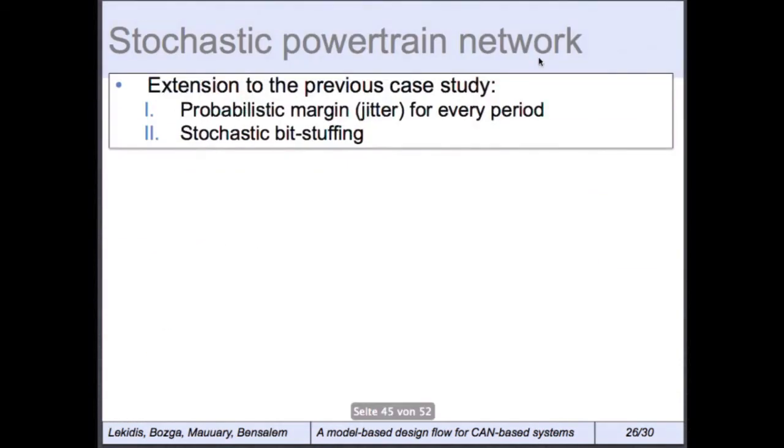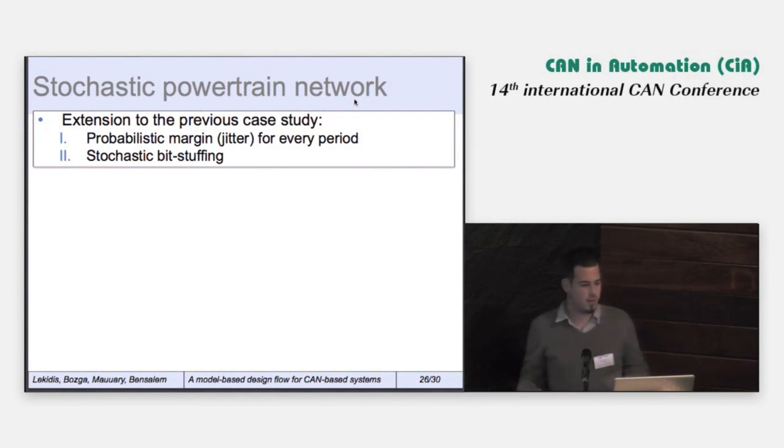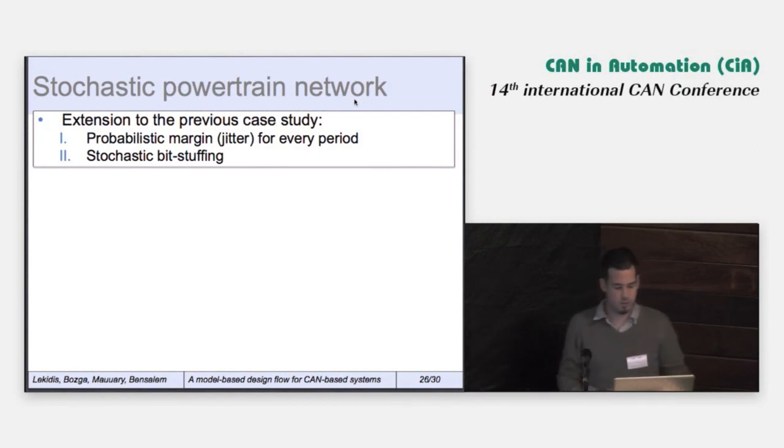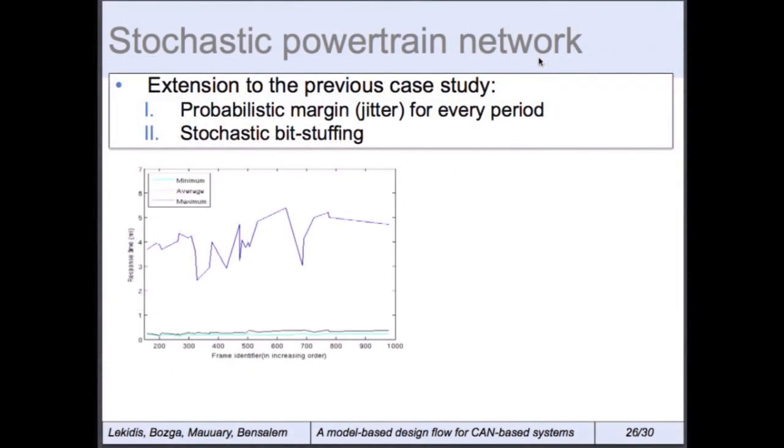In this context, I can also do some stochastic analysis, which means that I'm not only constrained to a deterministic domain. I will also provide some jitter for every period, and I will also provide stochastic bit stuffing according to distributions. Then I can see a more normalized, more stochastic behavior for each frame. This 3-step analysis doesn't allow me to construct the distribution of a particular message.